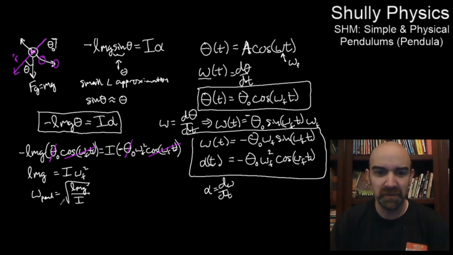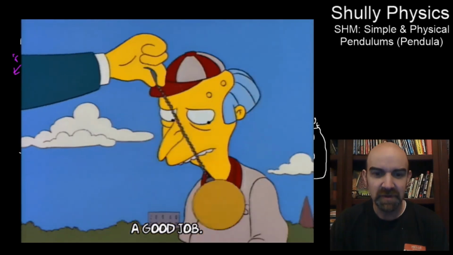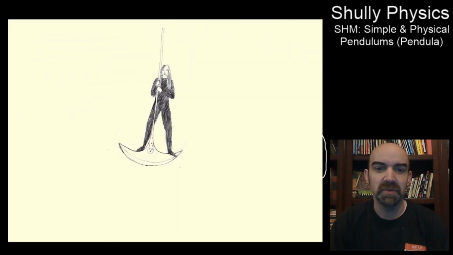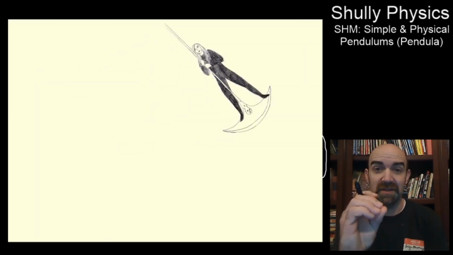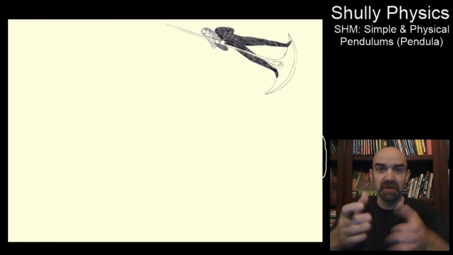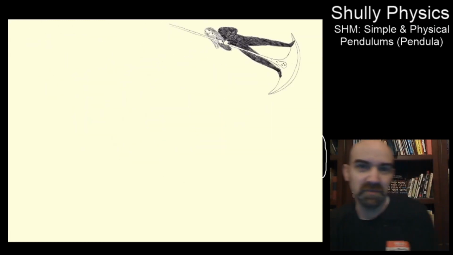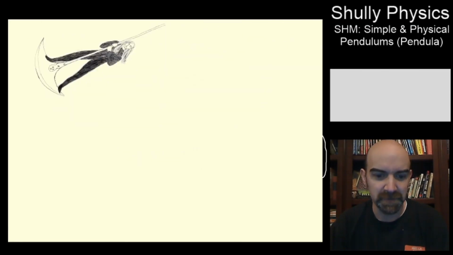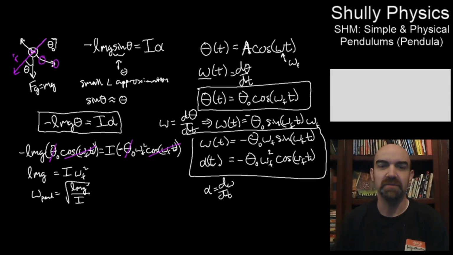It could be for either a point mass, like for a simple pendulum, or a physical pendulum. When you've got more than just a point mass at the end, you've got some kind of body that makes up not just the bottom of the pendulum, but the whole length of it. It could be a person on a swing like you see here. That's a physical pendulum. Kid swinging.